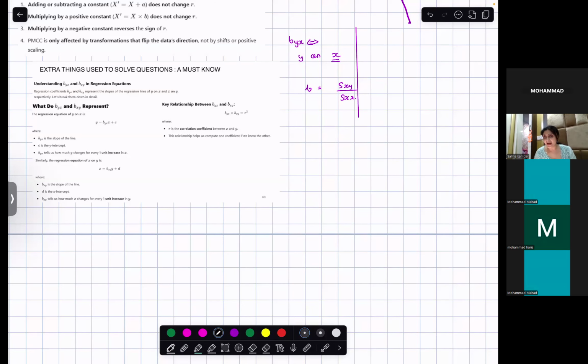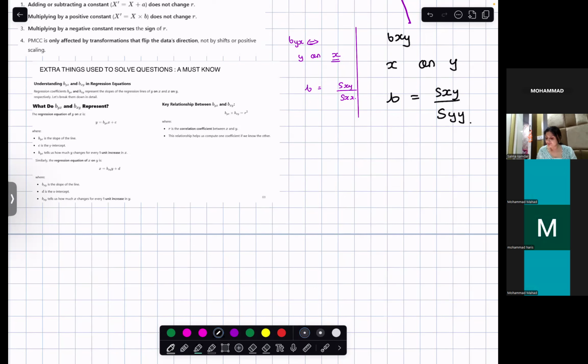If I have Byx, that means I have a regression equation y on x. And if I have Bxy, this means my regression equation is x on y. So B would be Sxy divided by Syy.